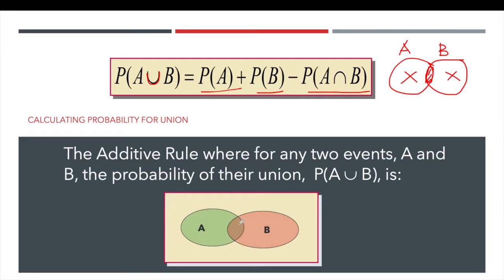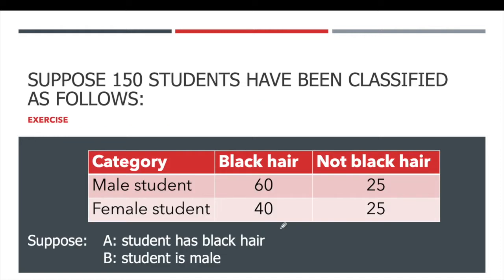This is the example, where we just want to calculate A union B without having to calculate the intersections. I have a question here. Suppose 150 students have been classified as follows.